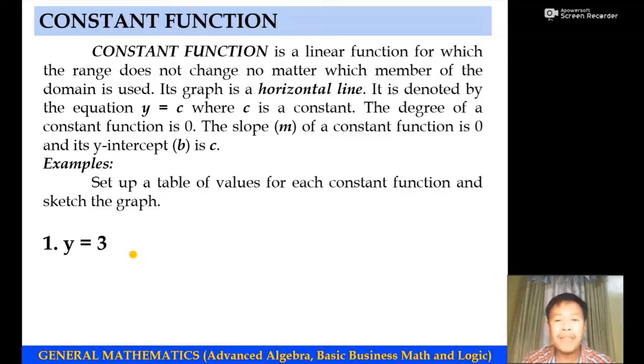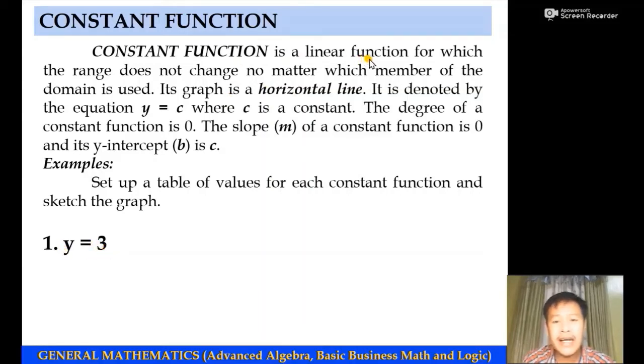That is the perfect example of a horizontal line, because a line on the floor might not be horizontal; if it is not parallel with the sea level, it is still water. That is not a horizontal line. Now, how are we going to sketch the graph of y is equal to 3?